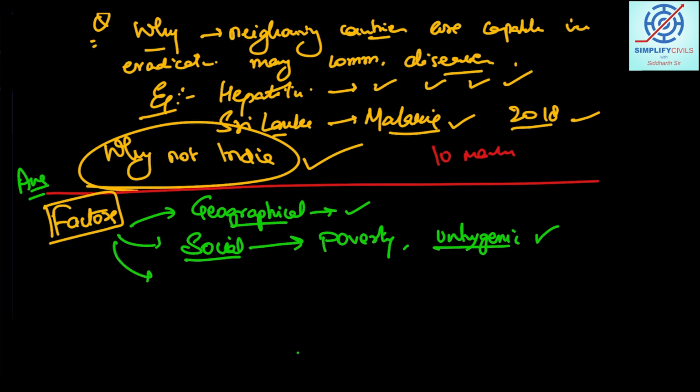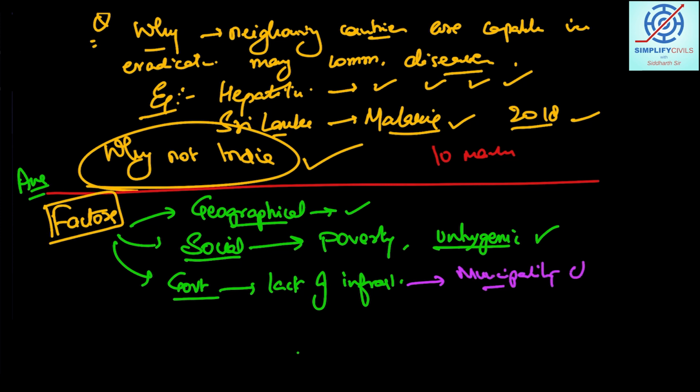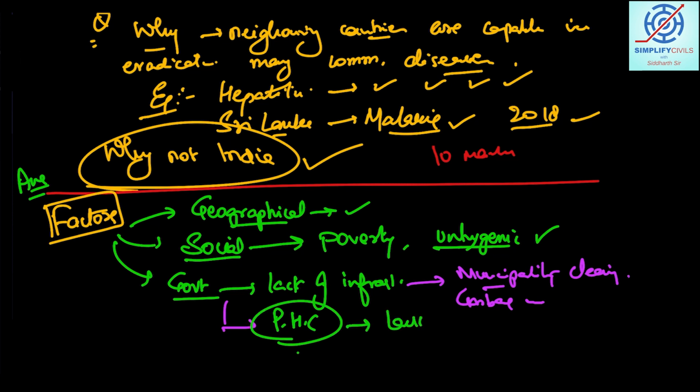You can also talk about government, that there is a lack of infrastructure with respect to municipal cleaning and garbage accumulation, or with respect to government you can also say primary health care centers, lack of resources with respect to medicines.